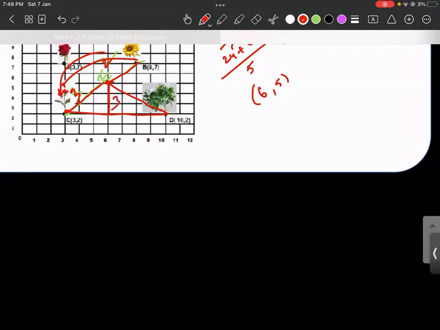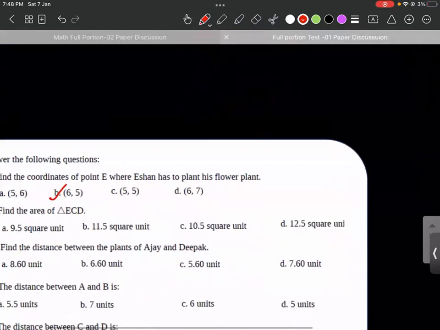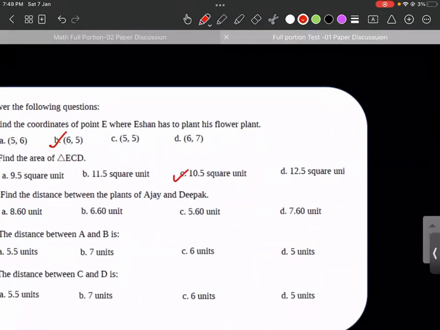So this height is 3, correct? Because from the base, this height is 5. 6,5 is the coordinate. Up in this height is 3. 2 points. So what is this distance? 7. So half into 7 into 3, 21 by 2, 10.5 should be.